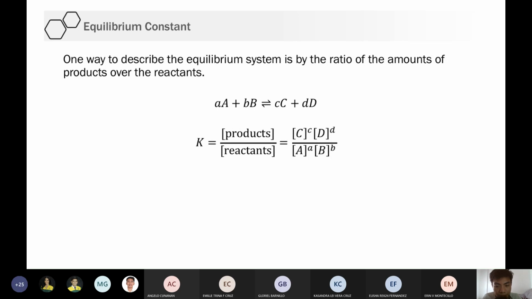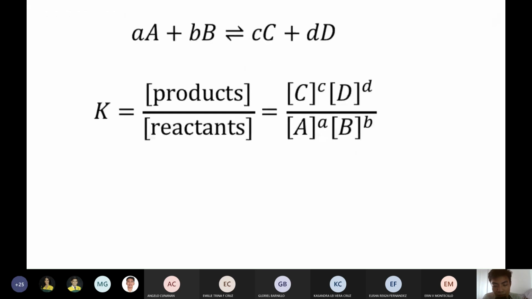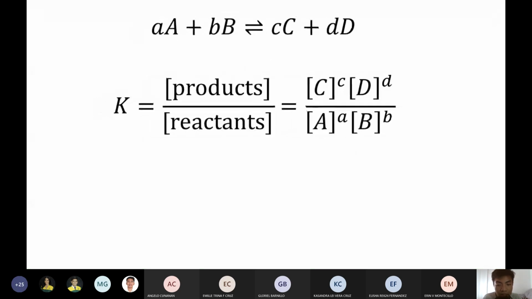So mathematically speaking, equilibrium constant K is the concentration of your product species over the concentration of the reactant species. Suppose we have this dummy equation, aA plus bB in equilibrium with cC plus dD, wherein all the small letters are the coefficients.